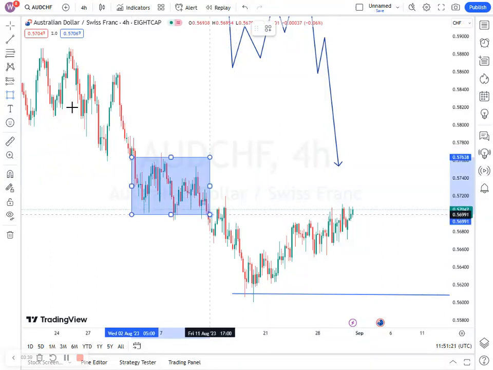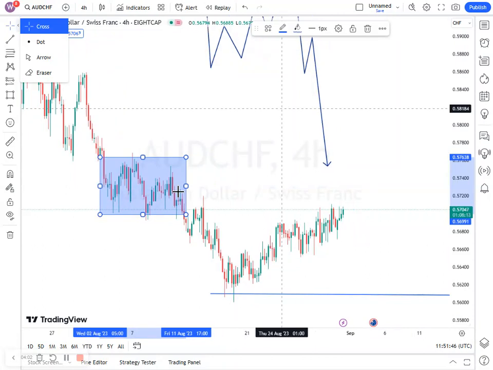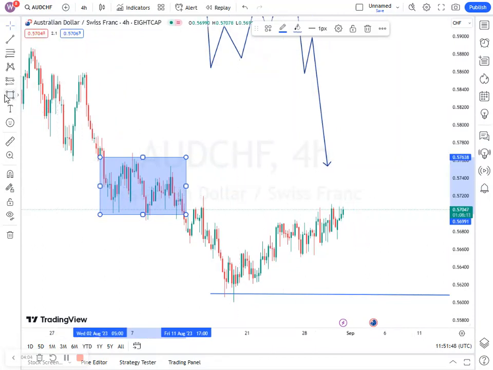A range is a pattern whereby price just stays inside. It does not go up, it does not go down, it just moves sideways. And when we had the first break outside of this range, price did the initiation first. Price broke down before coming back to retest inside that same range again before it fell down.